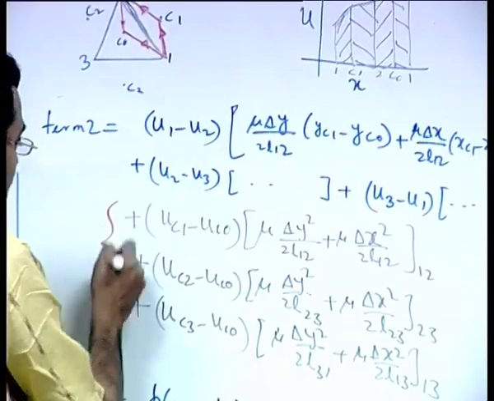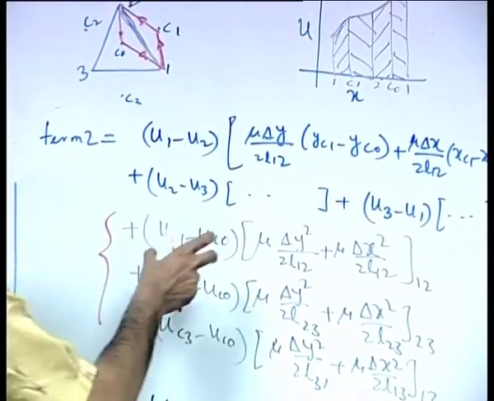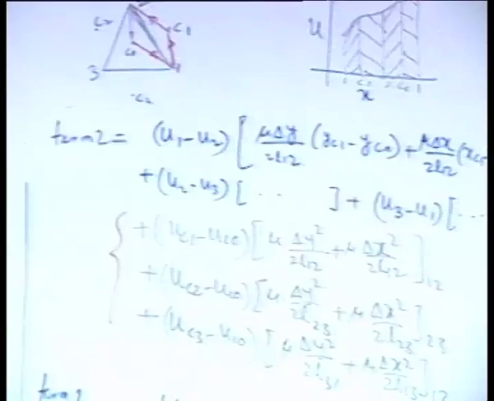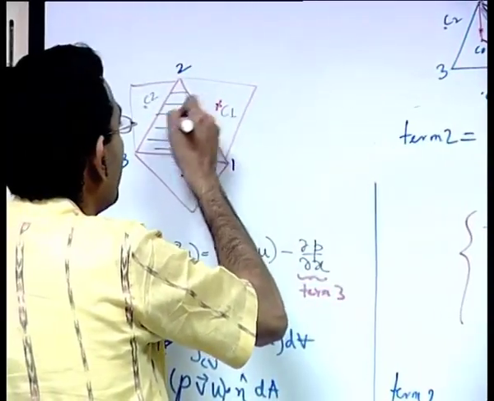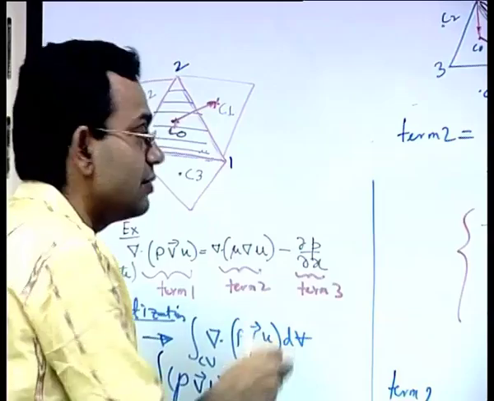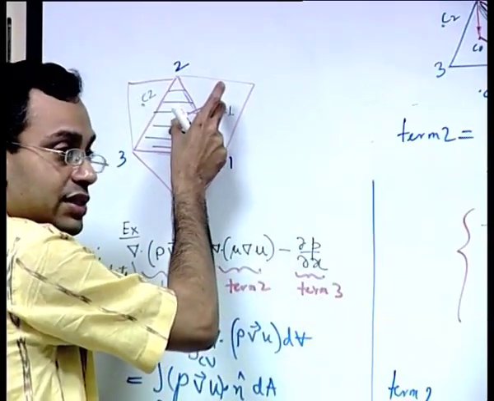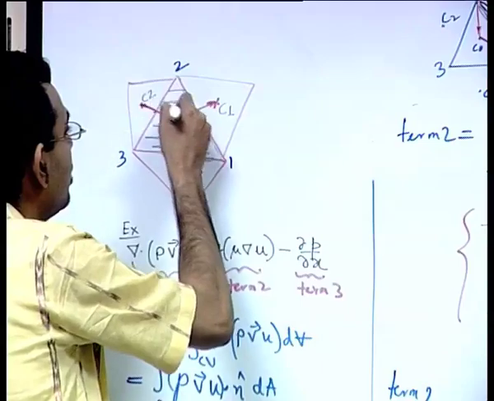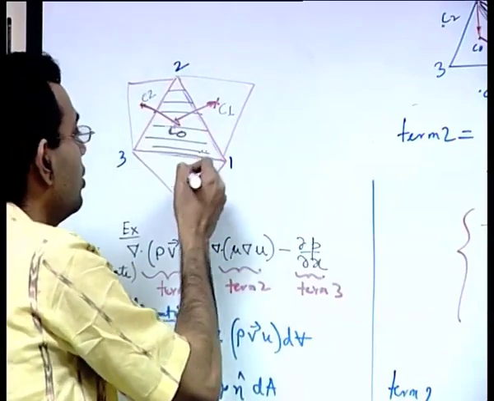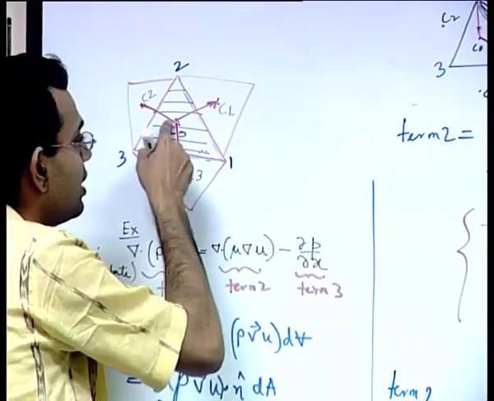One is this category where the diffusion flux is driven by the difference in value of the properties of the neighboring grid points, like this is UC1 minus UC0, similarly UC2 minus UC0, then similarly UC3 minus UC0.